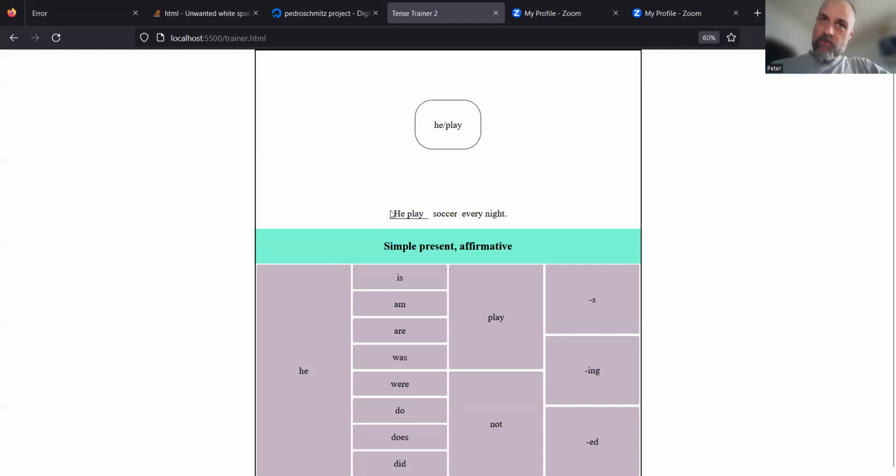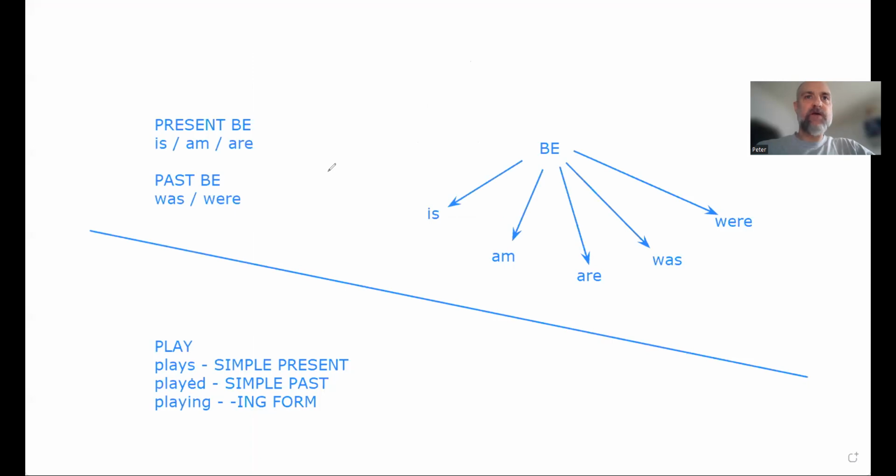Now, whenever we have he, she, or it, we add s. Okay, so as we do here.